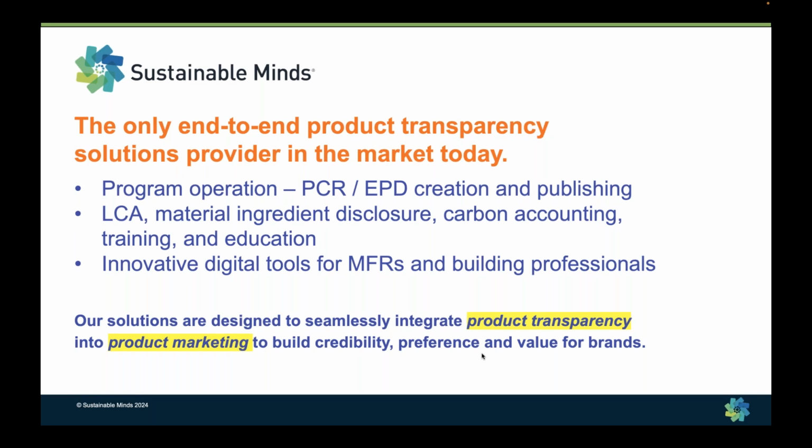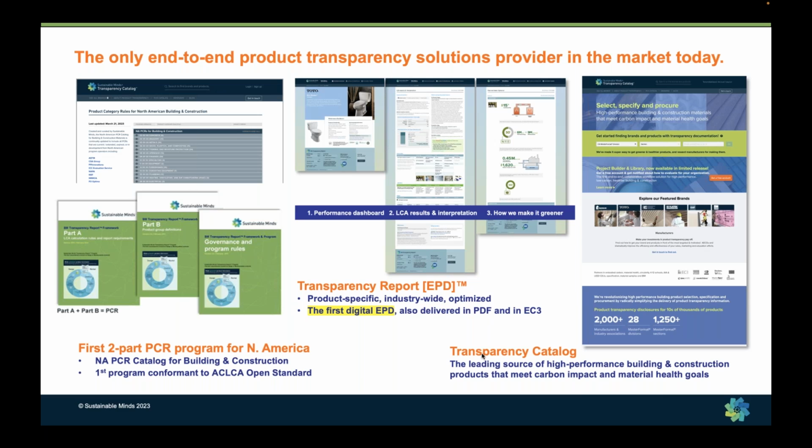And so the tools and the strategies that we use are to help manufacturers better market their brands and products based on all the functional performance attributes, but also now the environmental and material health performance attributes, and for building professionals to be able to select brands and products based on all of those performance attributes that people use to make those decisions now.